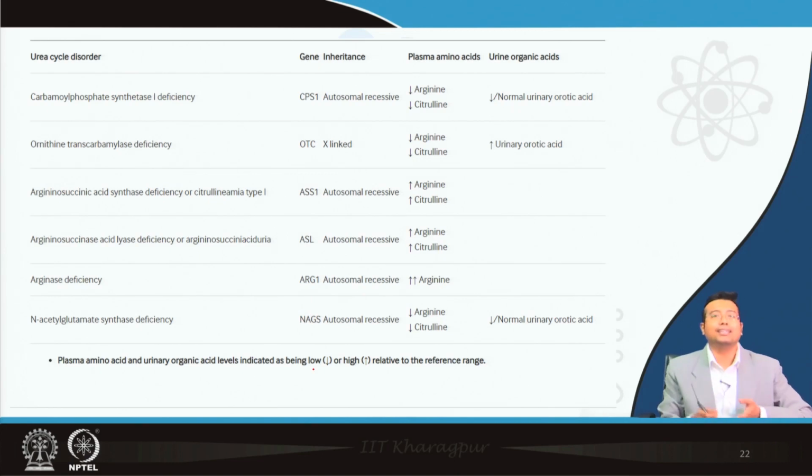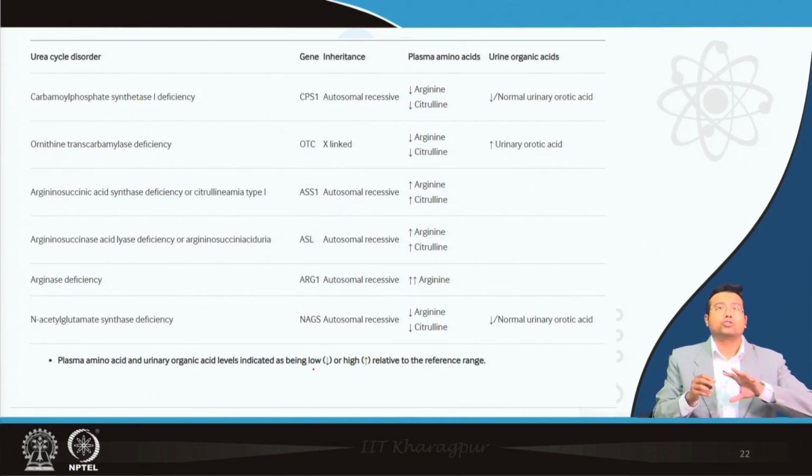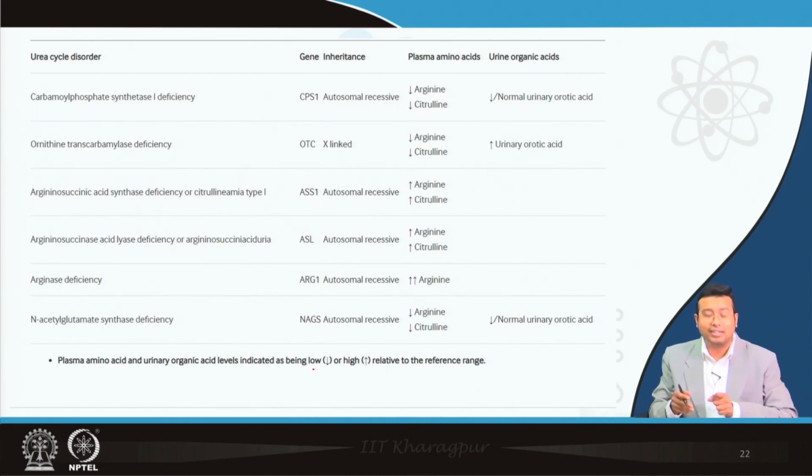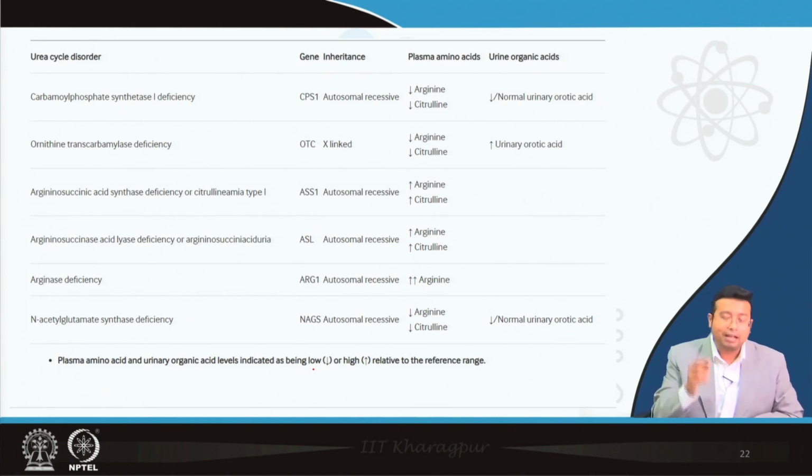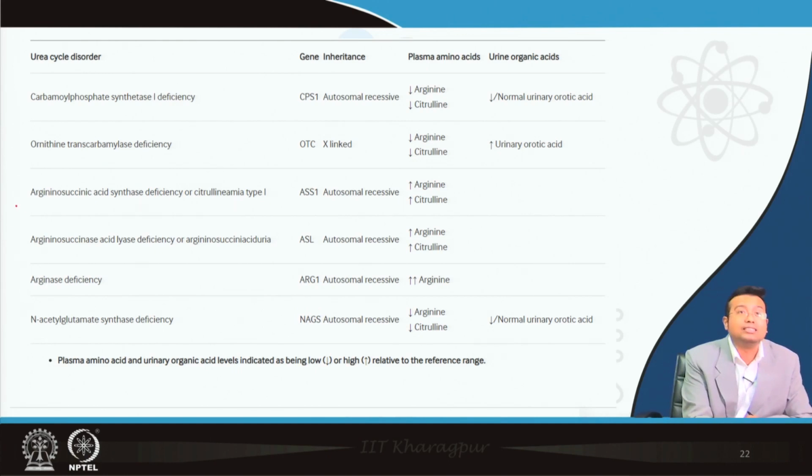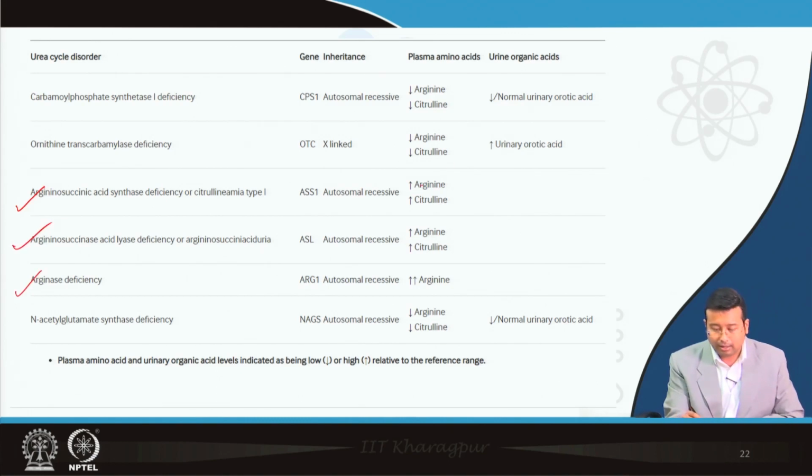This is again one slide which shows all the disorders. I will be discussing all these disorders very soon in another table, but for now you should remember, whenever the enzymes are later enzymes, there will be increased accumulation of both arginine and citrulline. So, argininosuccinate synthetase, argininosuccinate lyase, or arginase deficiencies are characterized by increased arginine and citrulline.